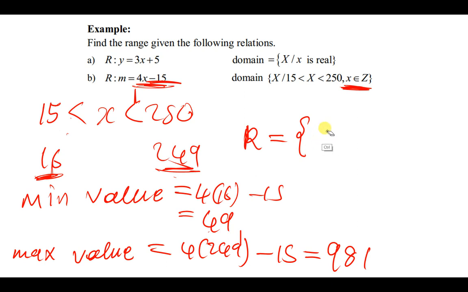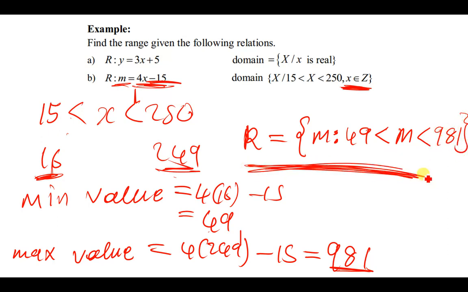When finding the range, we're finding m, so we say m is such that, this m, the one that represents the range, m is such that we have 49 less than m, which is less than 981. So this is the range of this function.